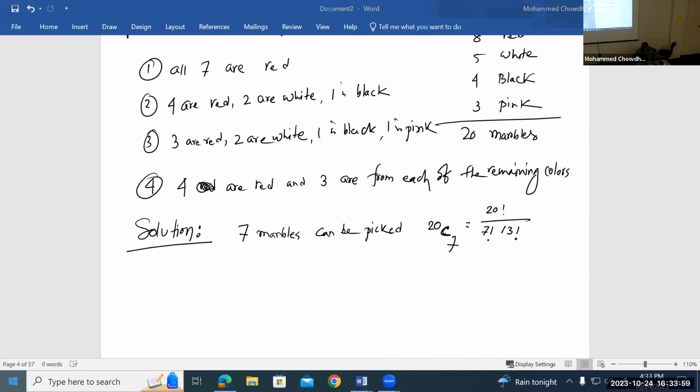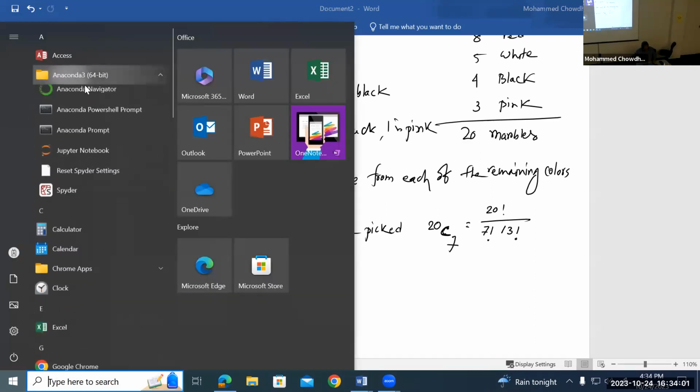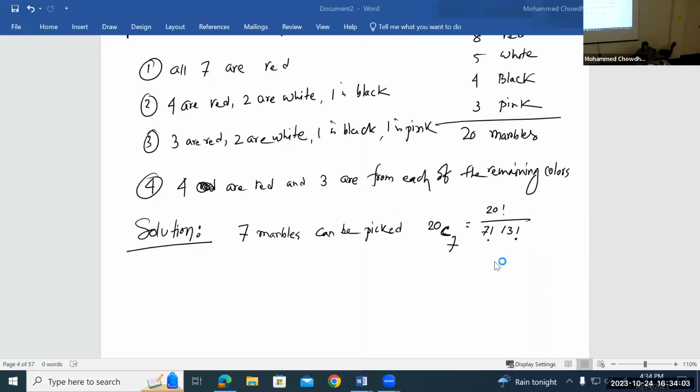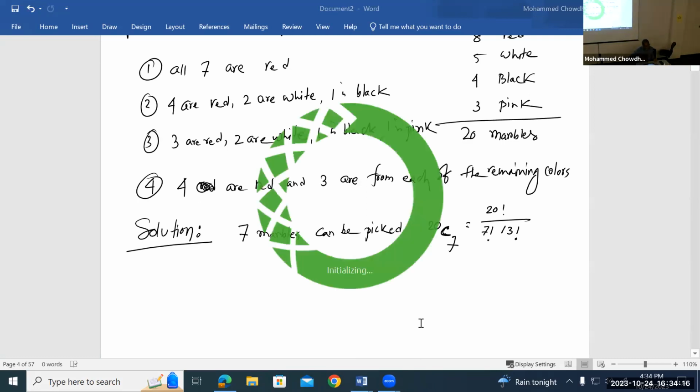Clear, right? Let me see if I can find Anaconda. I forgot how to write combination. Nowadays, you have to learn a lot of things, so it is almost impossible for you to memorize a lot of coding in your head.